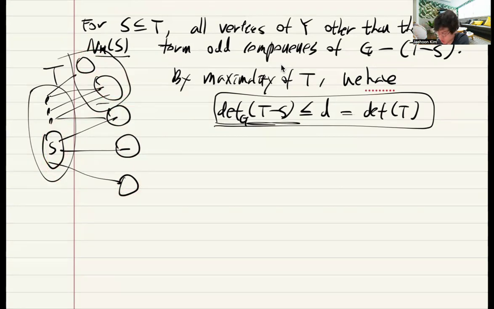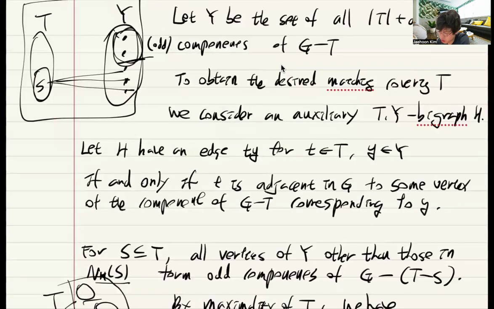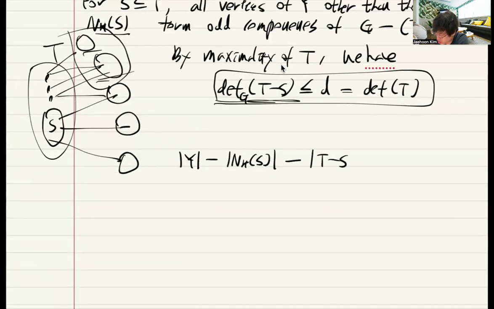These odd components are exactly the Y minus the neighborhood of S. So that's the number of odd components, and then you subtract these two, and so this is at most this deficiency.